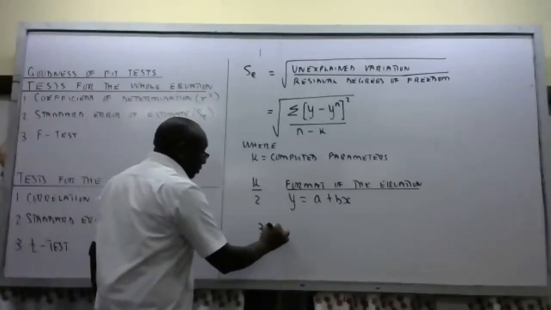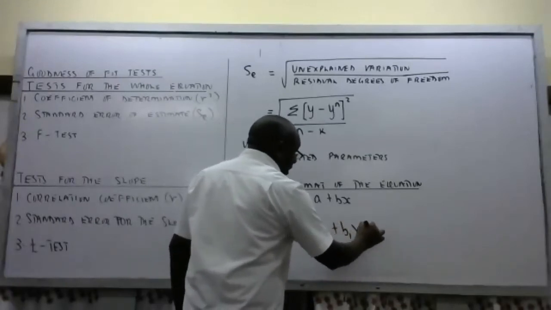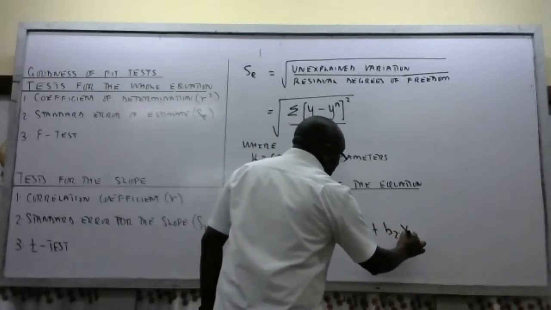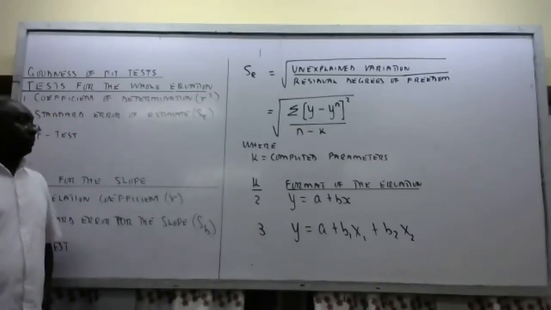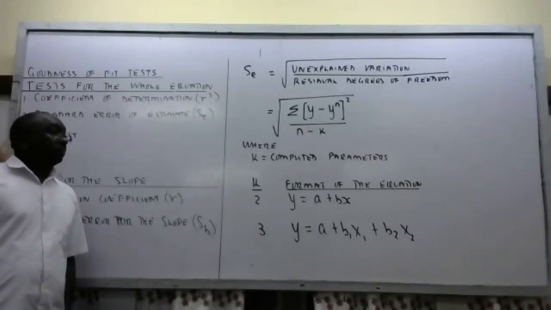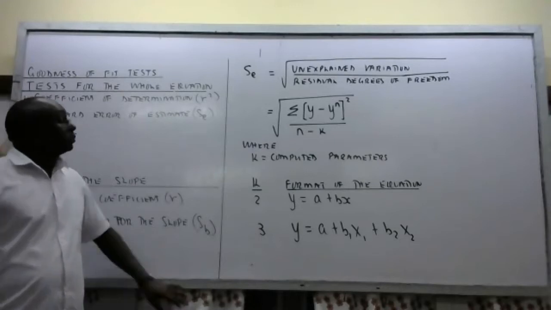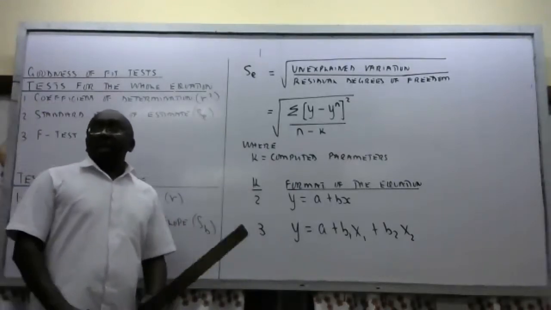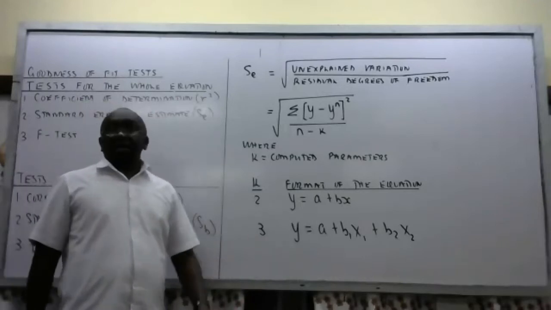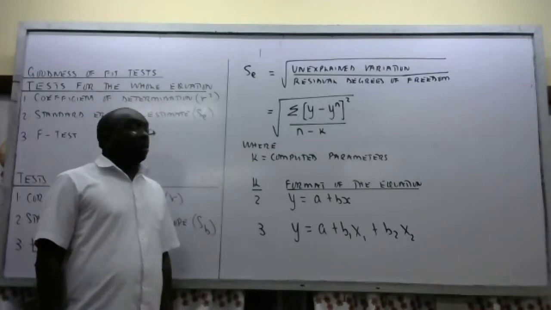And if k is 3, you are dealing with an equation of y equals a plus b1 x1 plus b2 x2. So k is called computed, as in we have computed it. It was not originally provided.